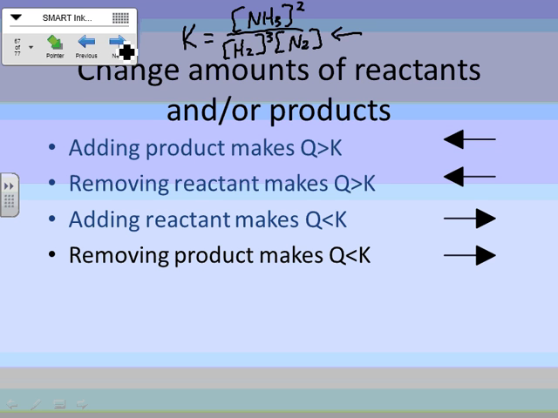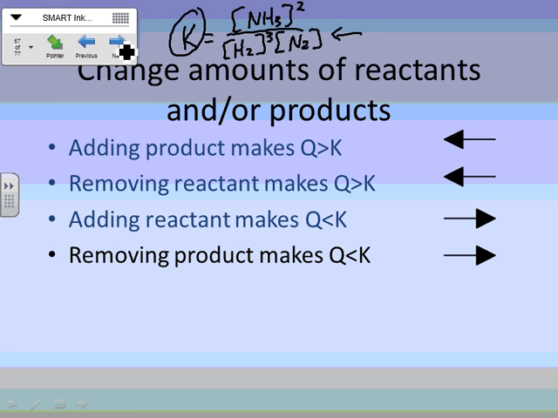Thinking about how it changes the equilibrium expression? So then you just got to think about this. The reaction is sort of fighting to get back to equilibrium, okay? It's trying to fight to get back to this value right here. And that K is not going to change for a particular reaction as long as we're at the same temperature. We need to have the same equilibrium constant.